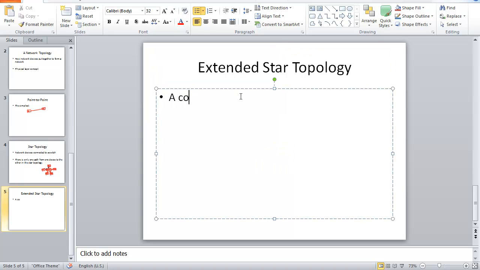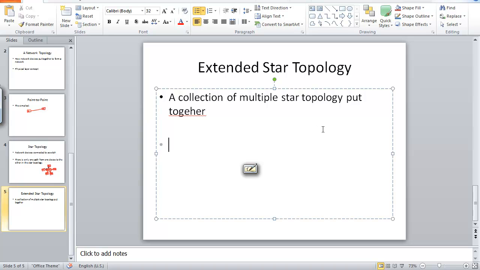So this is basically a collection of multiple star topologies put together. But since this is just a collection of the star topologies, you still have only a single path between the two devices. It has a hierarchy of the switches like this.